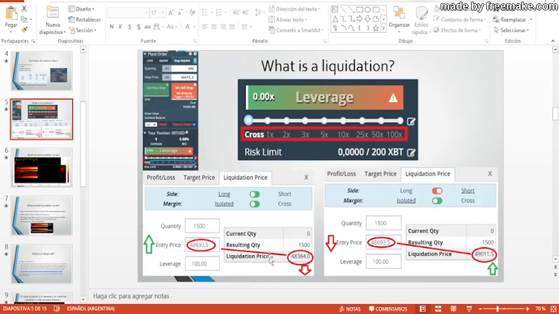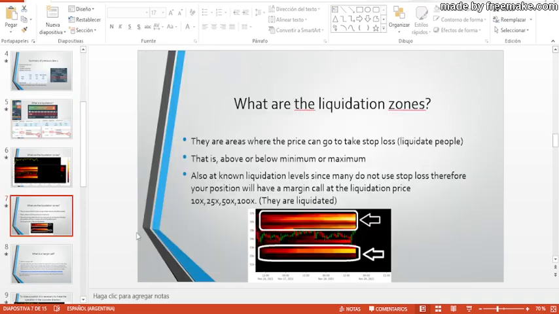They are areas accumulating a lot of liquidation prices of trades that people make at market order. The liquidation zones are above or below the minimum or the maximum of the candlestick.